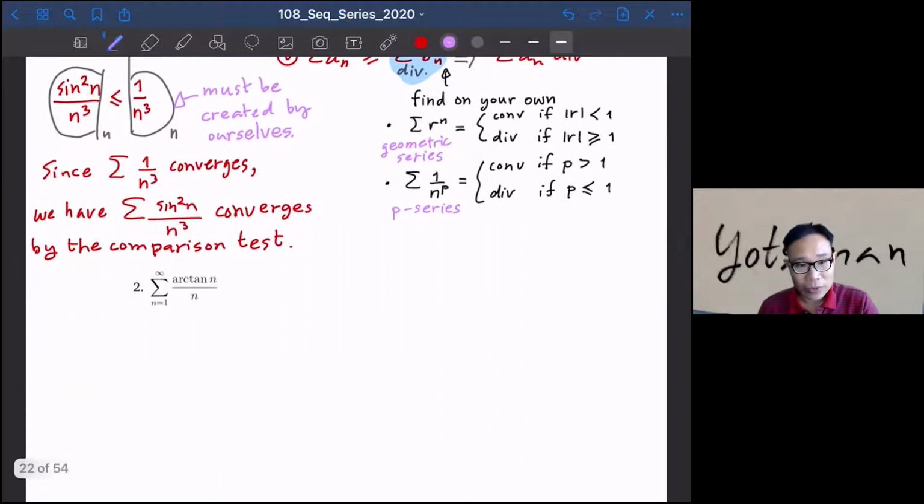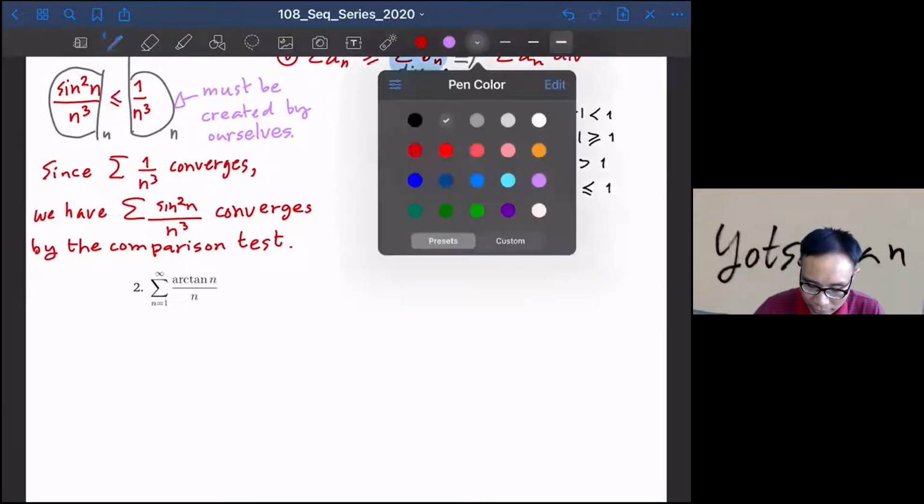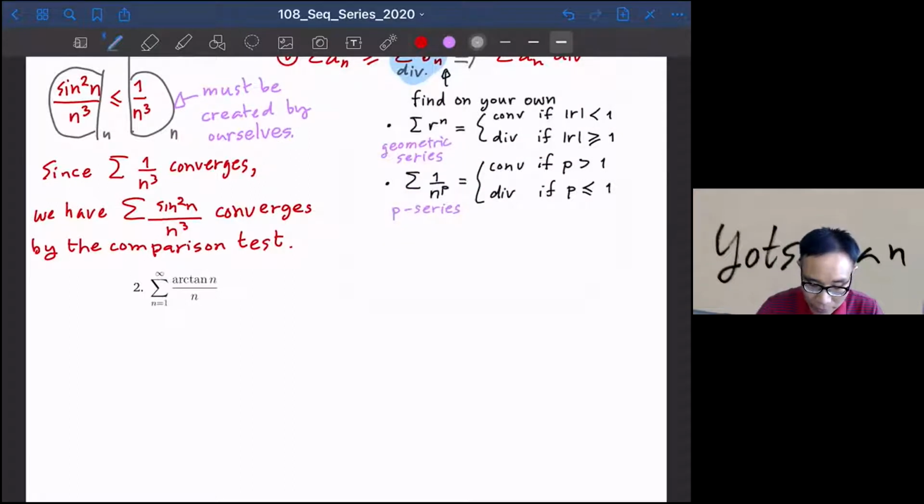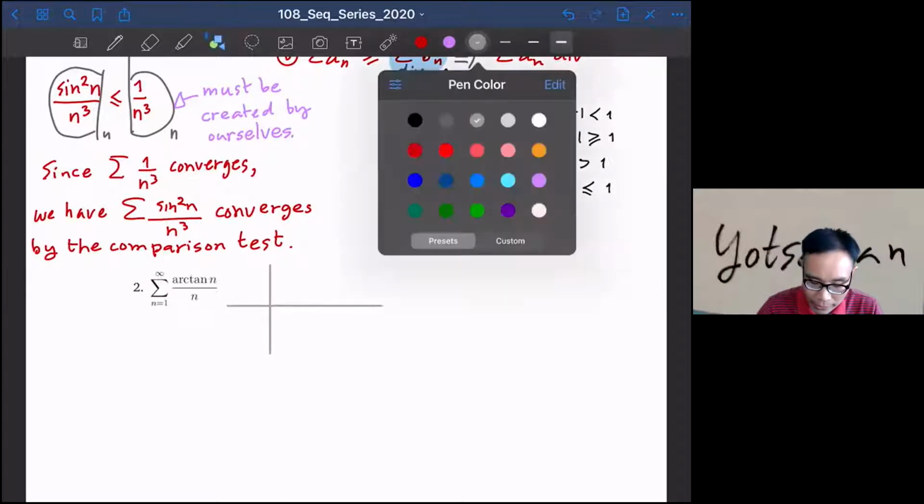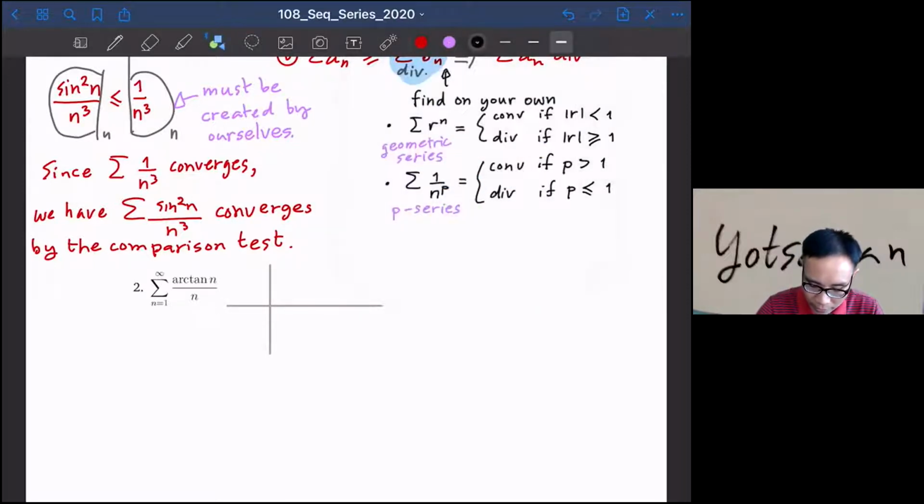For the next one, you see that you have arctan n and you have n. And if you recall the graph for arctan, it's going to turn out to be an S-shaped curve.